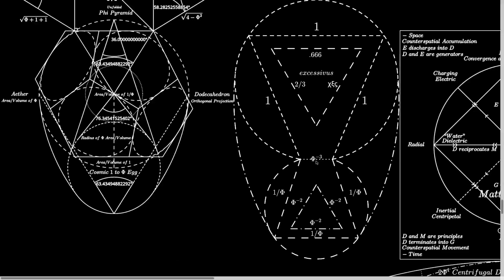Tongue twisters. So 2, 5. So 5 times 5 leads to 2.618, which is 5 to the power of 2.